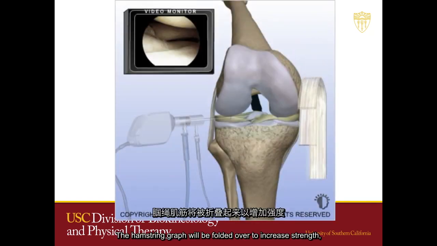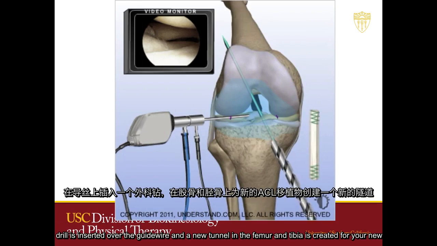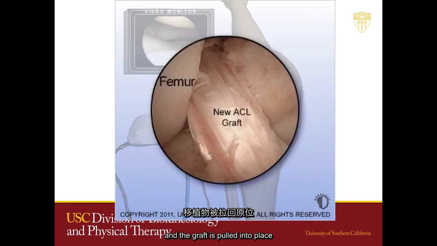The hamstring graft will be folded over to increase strength. Both ends will be sutured to facilitate passage through the tunnels and into position. A guide wire is inserted through the tibia and femur to help accurately drill tunnels. A surgical drill is inserted over the guide wire, and a new tunnel in the femur and tibia is created for your new ACL graft. The end of the graft is tied to a loop on the guide wire, and the graft is pulled into place.